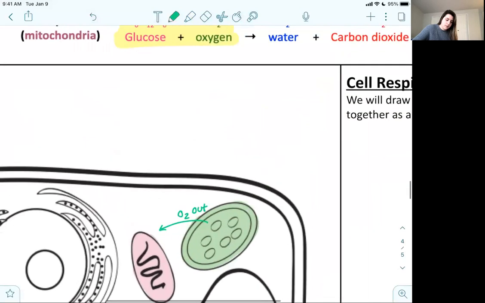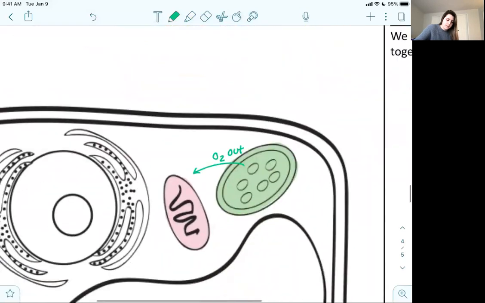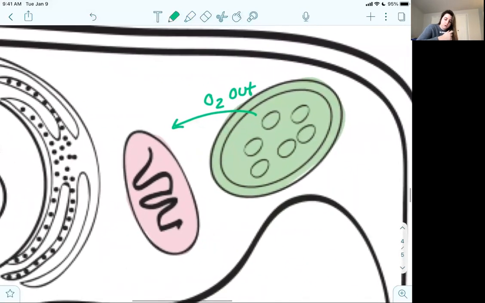We also know that oxygen is an input of cellular respiration in the mitochondria. So this oxygen is going to leave our chloroplast and head right into our mitochondria here. Okay, so oxygen immediately leaves the chloroplast and enters the mitochondria.